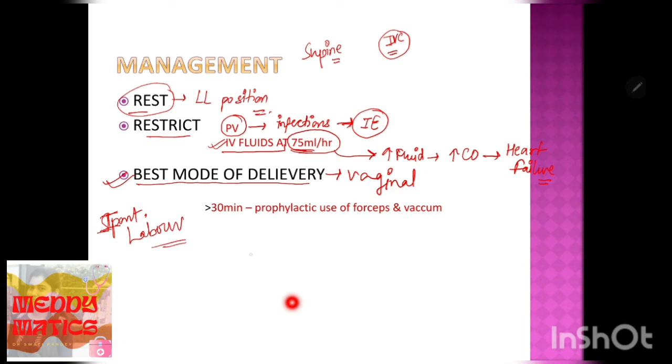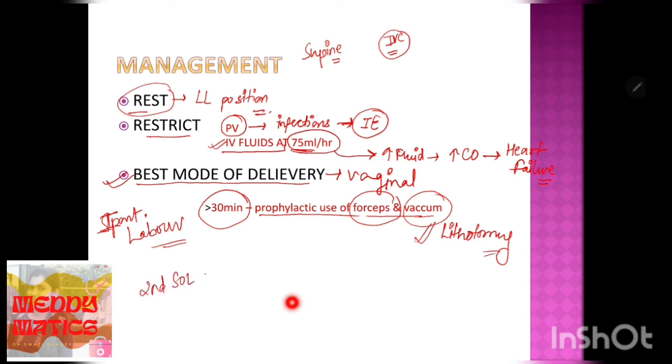If the second stage of labor is more than 30 minutes, then go for prophylactic use of forceps or vacuum. Between forceps and vacuum, if you are confused, go for vacuum. Why? Because vacuum is preferred, as lithotomy position is not needed for vacuum. And what is meant by prolonged second stage of labor?